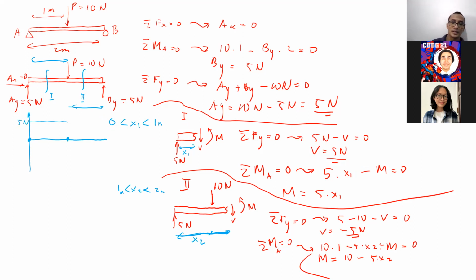Next one, still the shear force V, but now from x equal to 1 meter to x equal to 2 meters. What is the value of shear force V? It's -5, sir. Correct, here in the second section, -5 Newton.